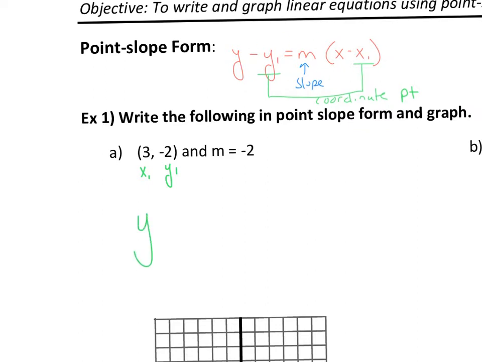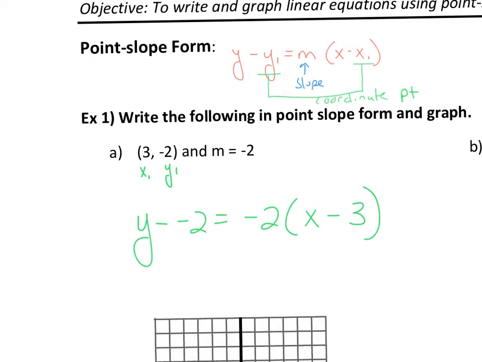So it's going to be y minus, and now plug in that y1 value. Your y1 value is -2 equals, and the next thing we're plugging in is the slope, which in this case is -2, x minus, and then this says x1, so this is where you're plugging in your x value of 3. And that is point slope.